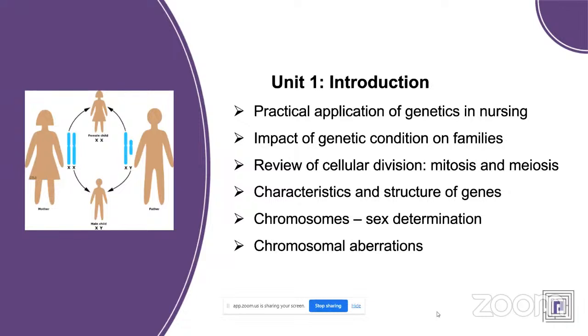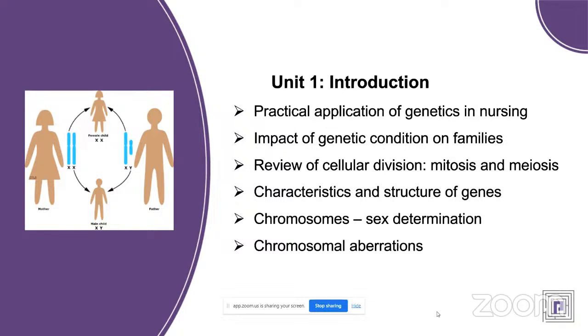In the introduction, they are going to discuss the practical application of genetics in nursing, and the impact of genetic conditions on families. There will be a lot of impact on families, because if they come to know of any genetic condition running in the family, the family will be affected socially, psychologically, economically, and emotionally.